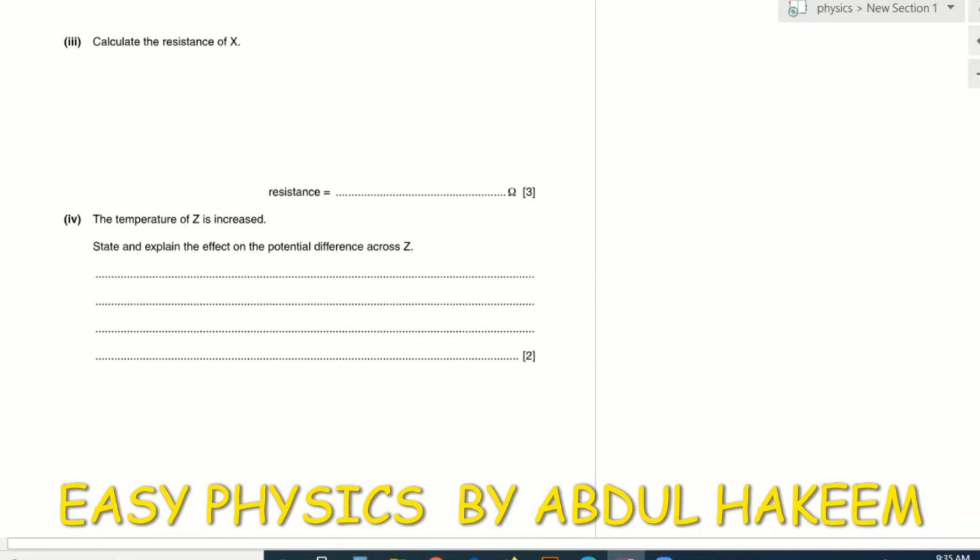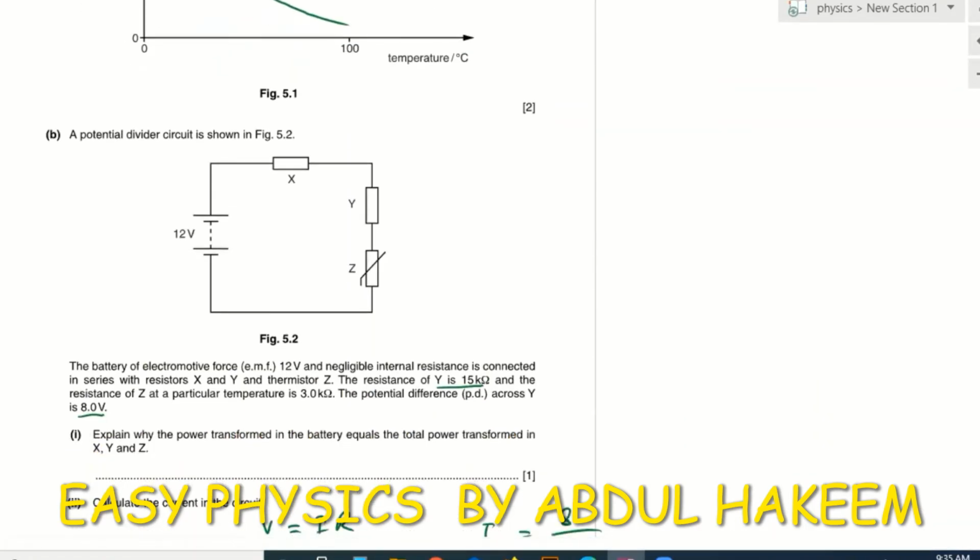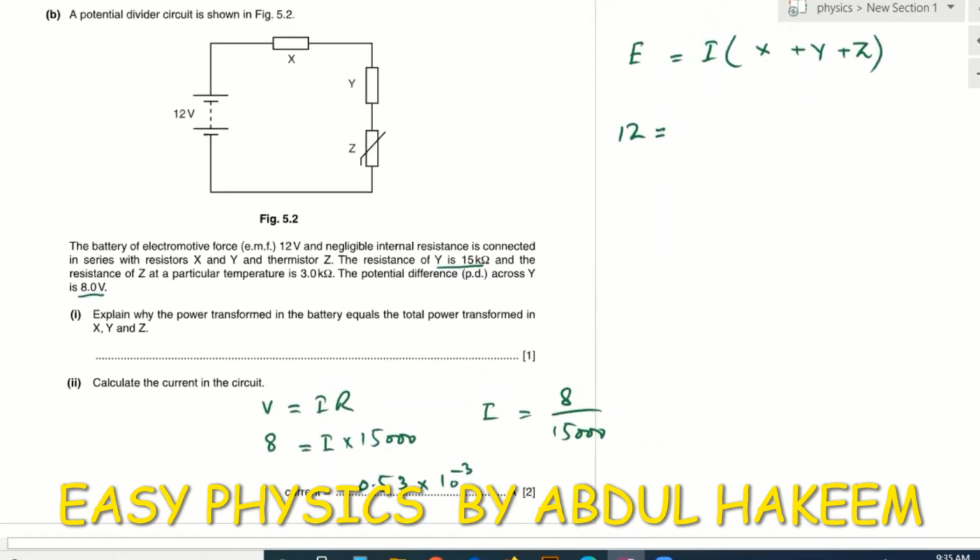Calculate the resistance of X. This is a series circuit, so we can apply Kirchhoff's second law. EMF is equal to the current times the sum of the resistors X plus Y plus Z. The EMF provided is 12. The current calculated is 0.53 × 10^-3, and X is required. The resistance of Y is 15,000 and the resistance of Z is given as 3,000.